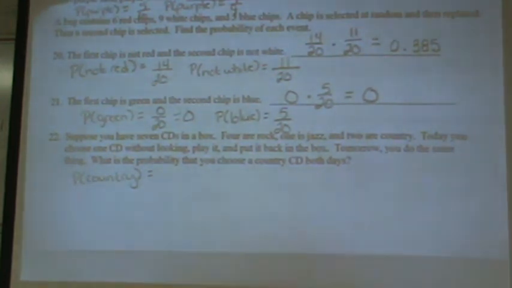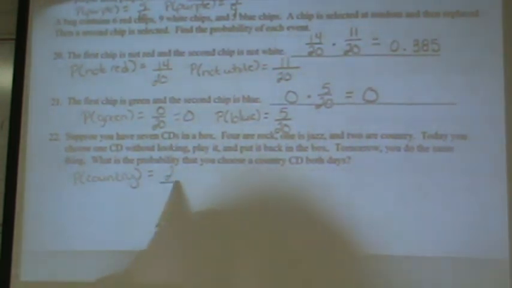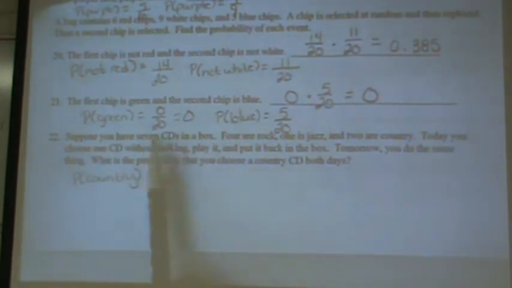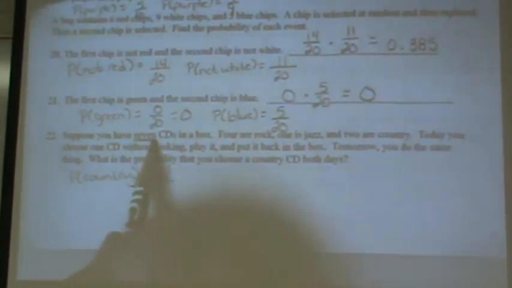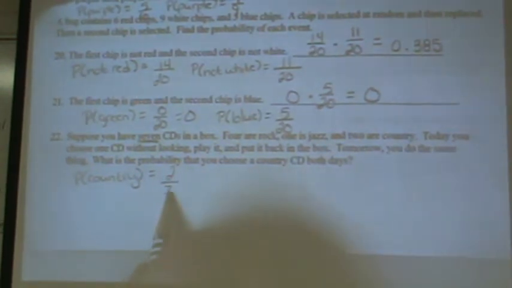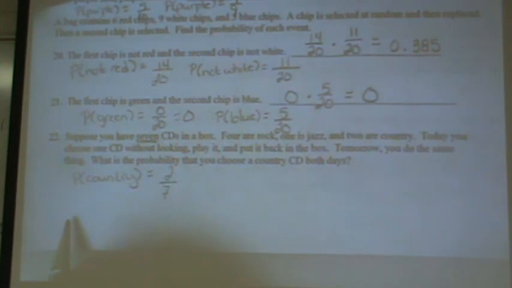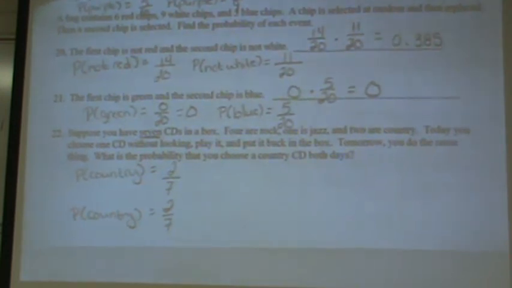So we had 2 country CDs, and that's going to go over our total number of CDs. We had 7 CDs total. So that's a 2 out of 7 chance of picking a country CD. And then for the next day, we also want to pick a country CD. And we put the first CD back, so we still have a 2 out of 7 chance of getting a country CD.